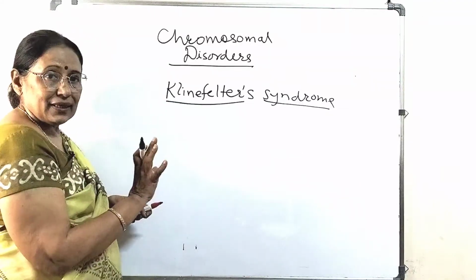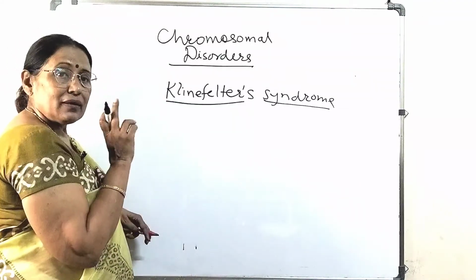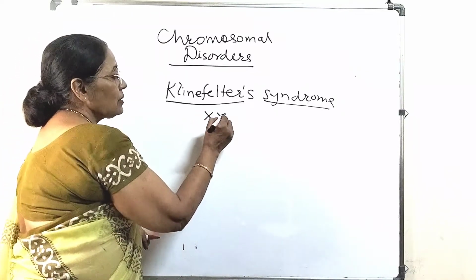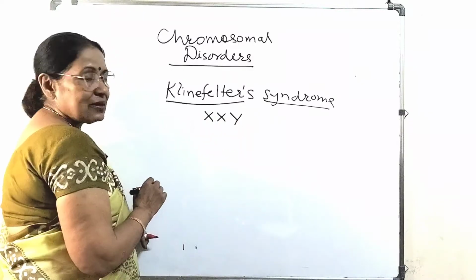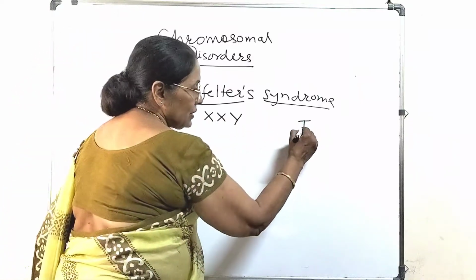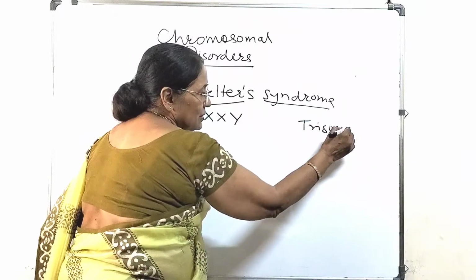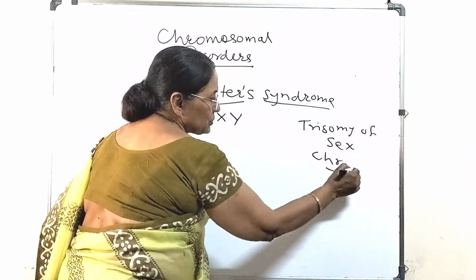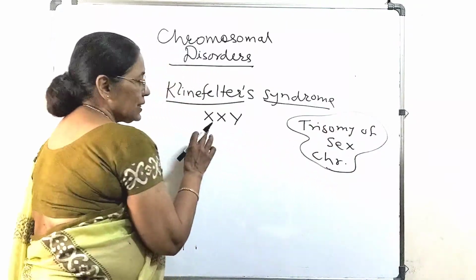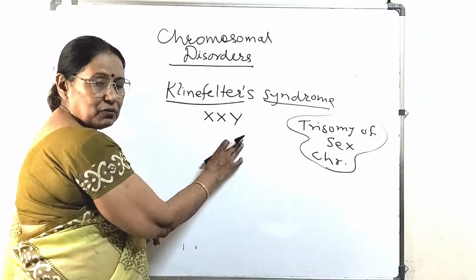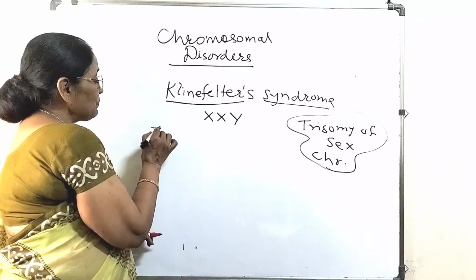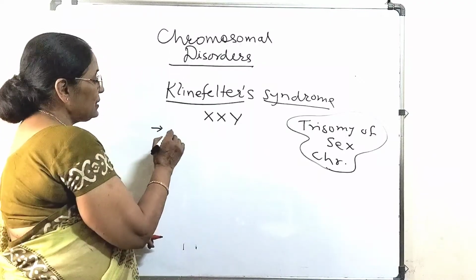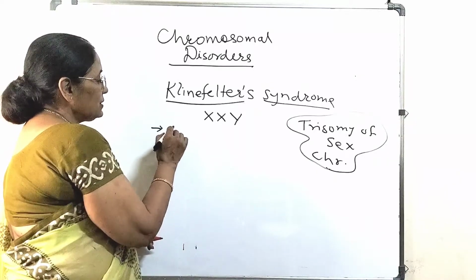This is also of sex chromosome, but in Turner syndrome it was monosomy. यहाँ देखिए क्या हो रहा है. One chromosome extra. So this is trisomy of sex chromosomes. Fine. So there are two X chromosomes, one Y chromosome. Is this male or female? Though there are two X chromosomes, the expression is male.